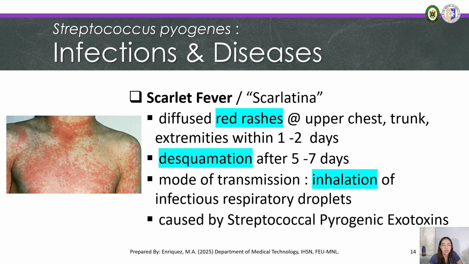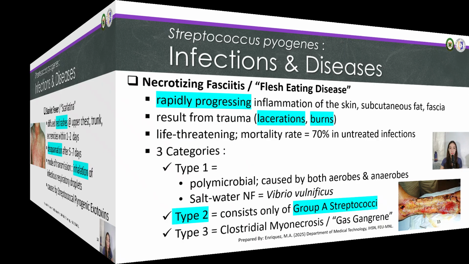So again, for the first 1 to 2 days, dun po natin ma-observe yung rashes, and then after 5 to 7 days, we'll eventually be able to observe desquamation. The mode of transmission of scarlet fever is via inhalation of infectious respiratory droplets.